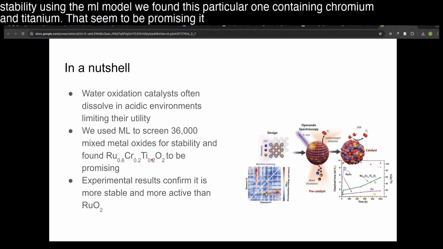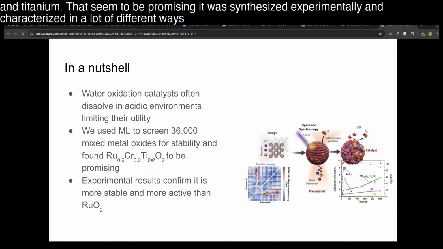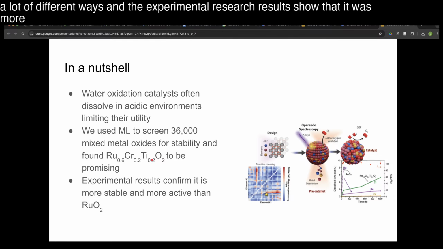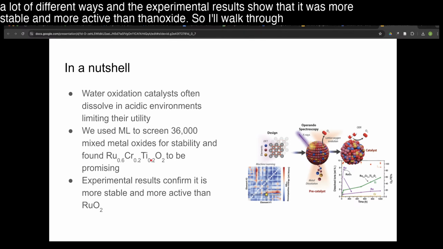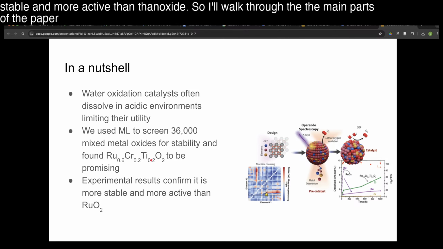It was synthesized experimentally and characterized in a lot of different ways, and the experimental results showed that it was more stable and more active than ruthenium oxide. So I'll walk through the main parts of the paper. You can find it online, and there is a link in the video description.